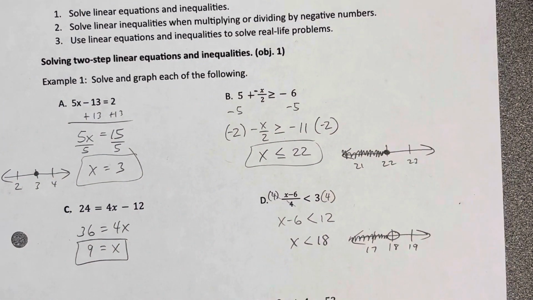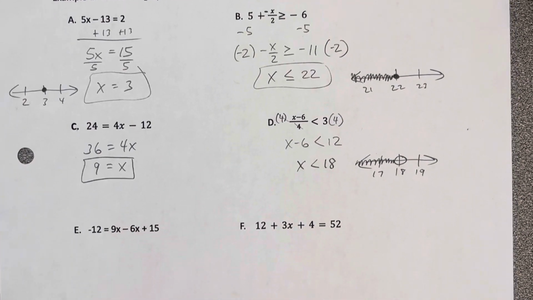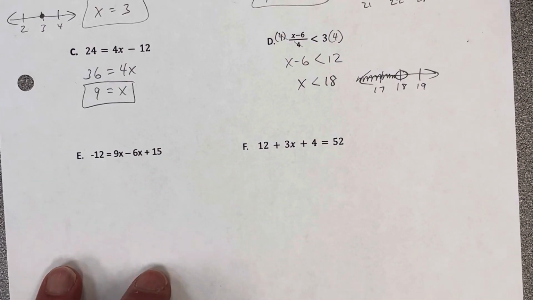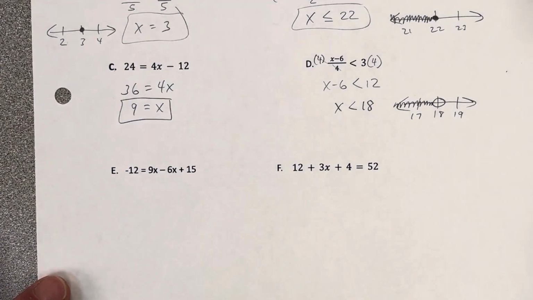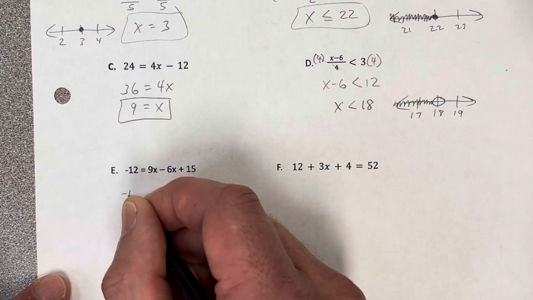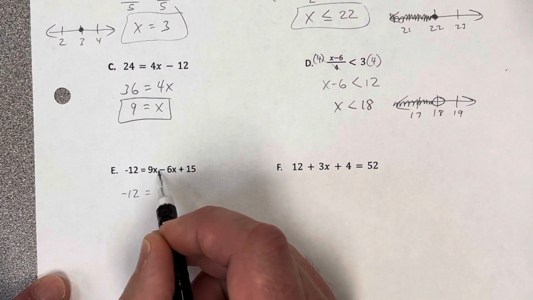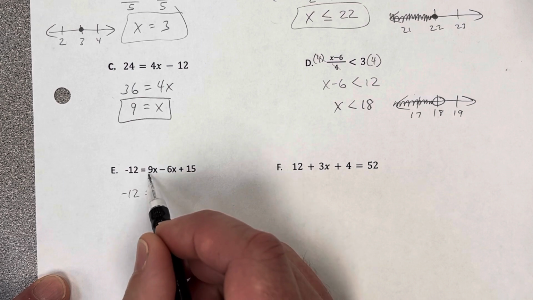So let's continue. Sometimes with equations and inequalities, it's a good idea, before you do inverse operations and start undoing things, to simplify things that are easily simplified. And that's what we're going to do here: simplify this 9x minus 6x. Those are like terms.